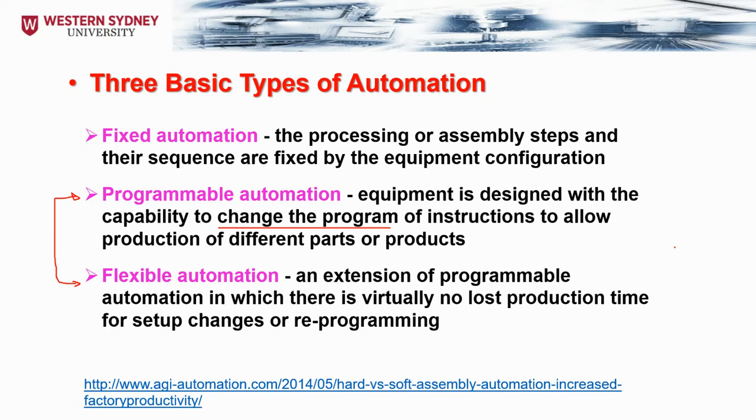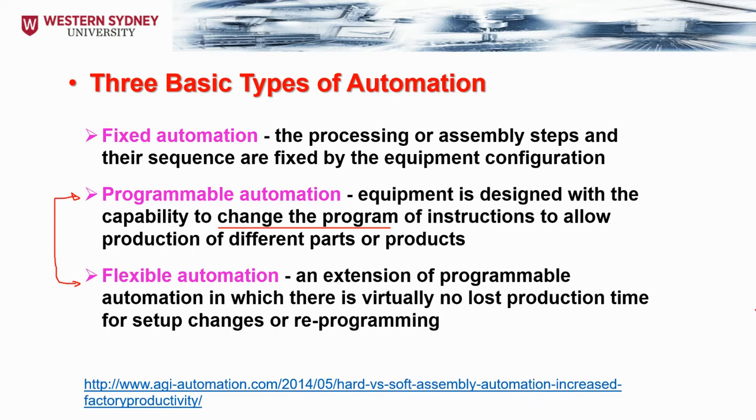We upload the code, and then we manufacture, for example, 100 parts A. Then we stop the operation, change the setup, change the device, for example, and put in a new program and manufacture another 100 parts B, and so on. And that's what we call programmable automation.